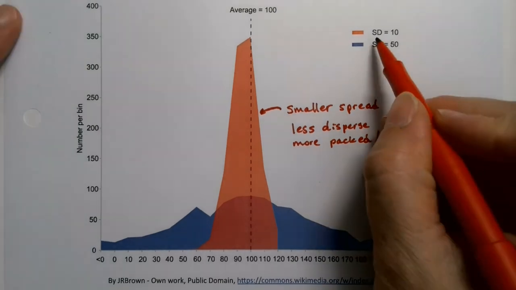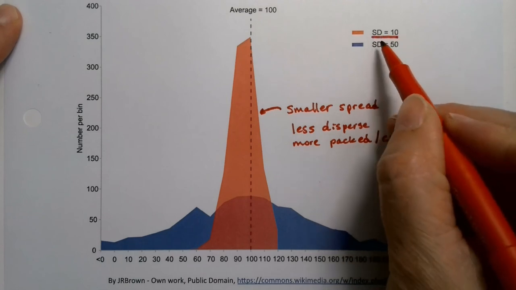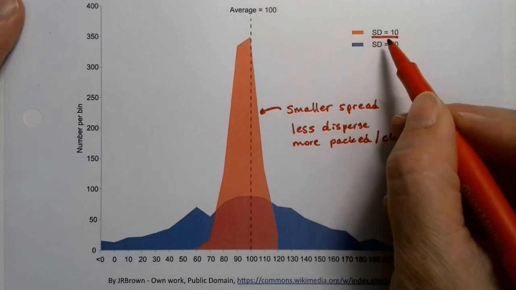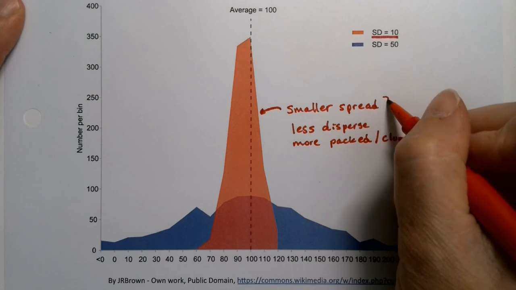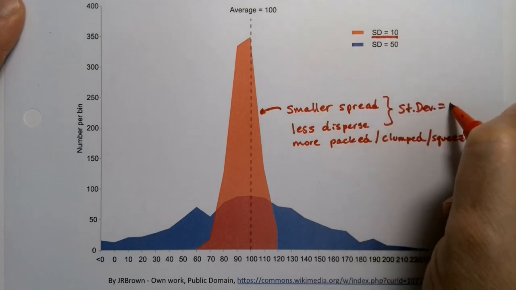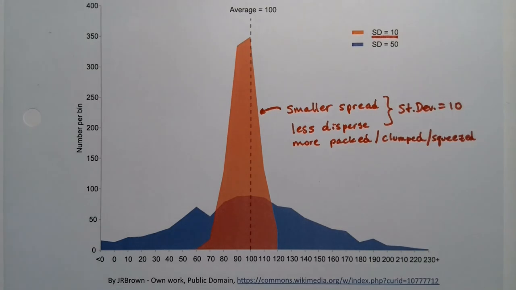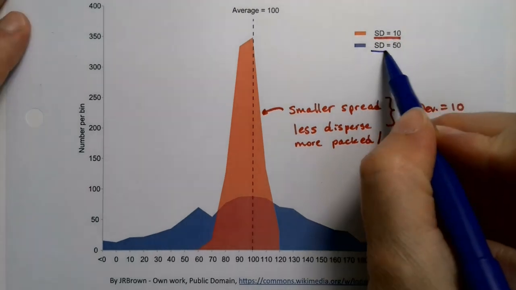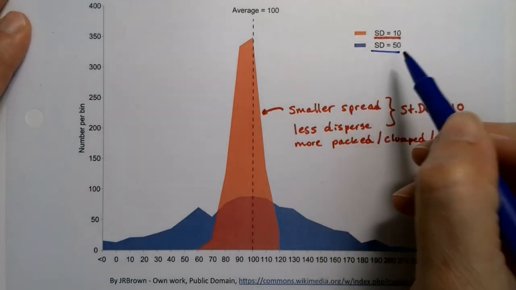And you don't quite know what this means yet. SD stands for standard deviation. You don't quite know what that is, but you do know that that's why this has a standard deviation of 10, which is a smaller number than the other one, which has a larger standard deviation. This blue curve has a standard deviation of 50, right?